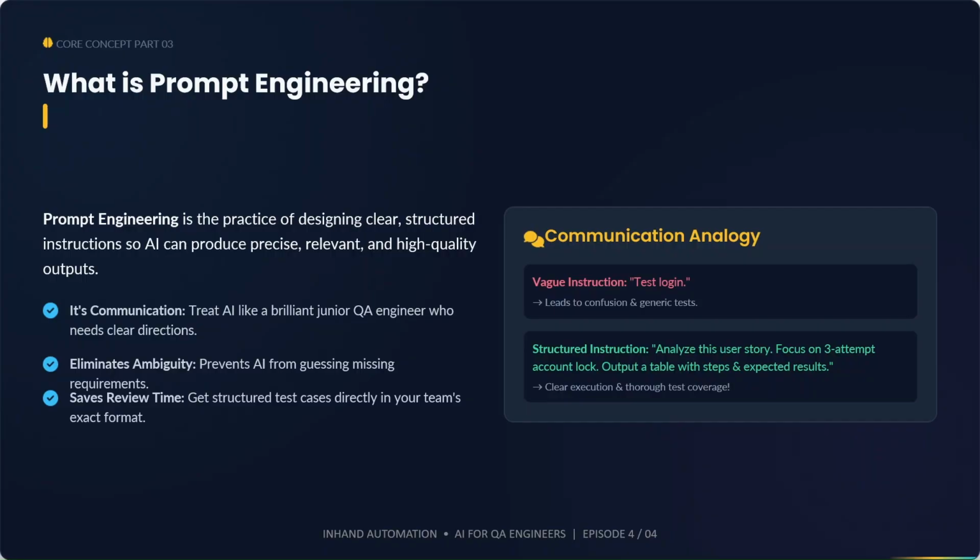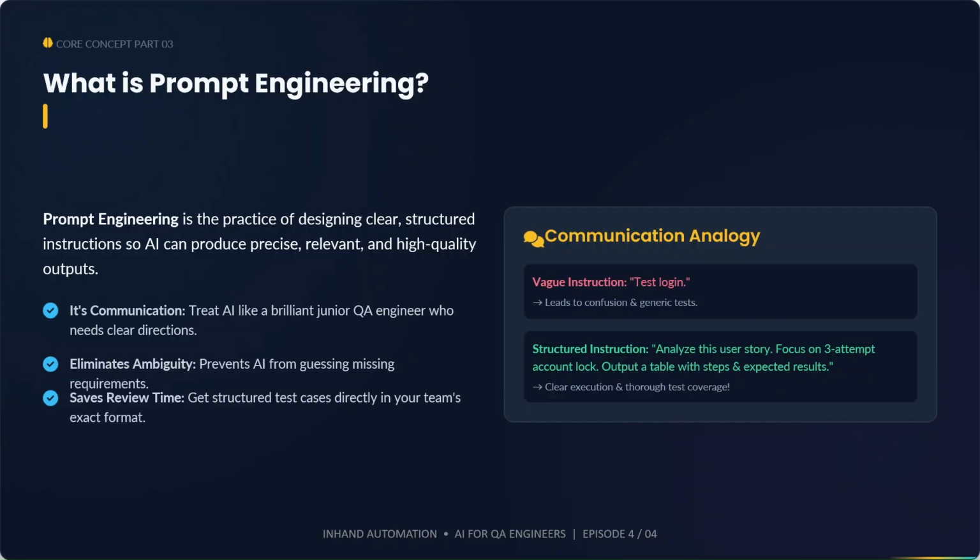Do focus on your functional testing. Also cover the positive, negative, and boundary scenarios. And please pay attention to 3 attempt account lock rule and give me the result in a table with scenarios, steps, and expected result. So after listening to this requirement from Rahul, Sam will be having much more clarity.